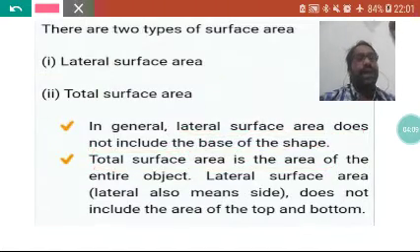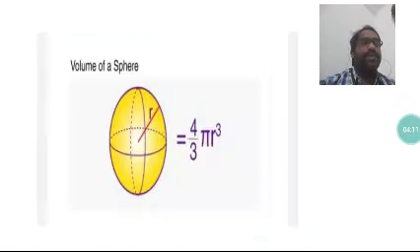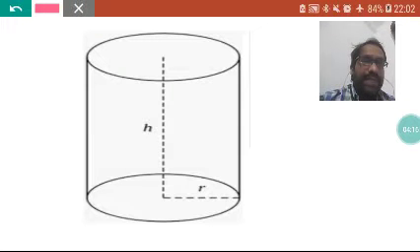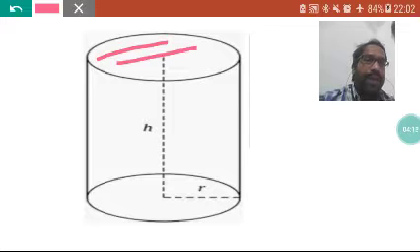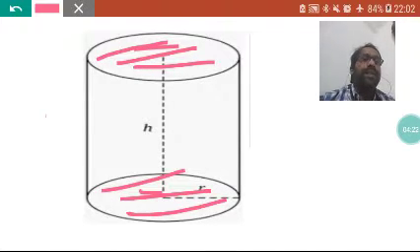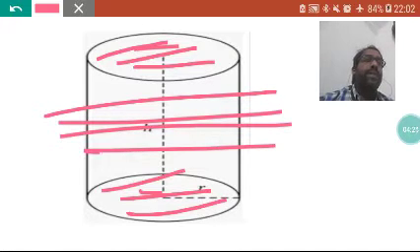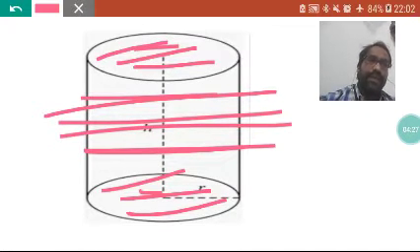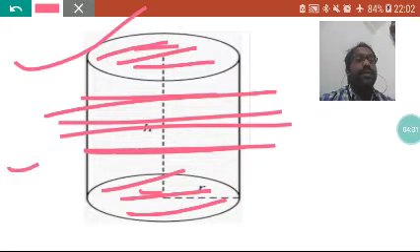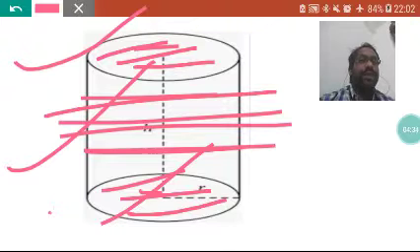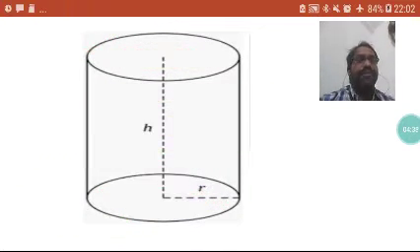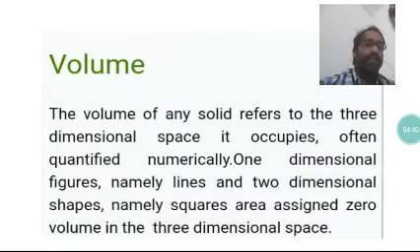If I draw the figure here, in this figure this part will not be included, then this whole part is called the curved surface area. But when I include this part plus this part plus this part, this will become the total surface area.